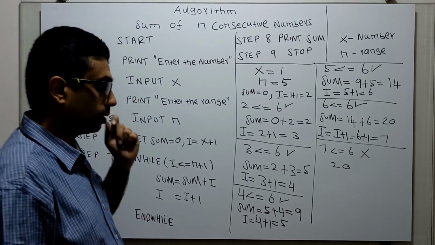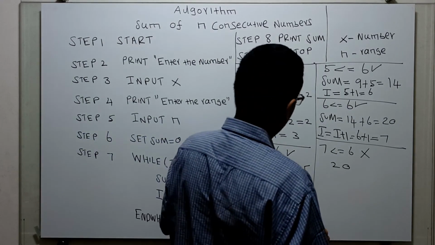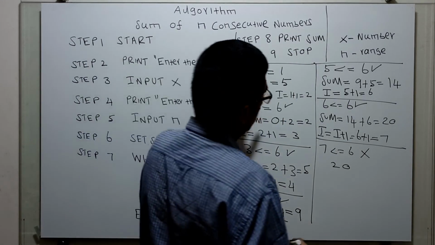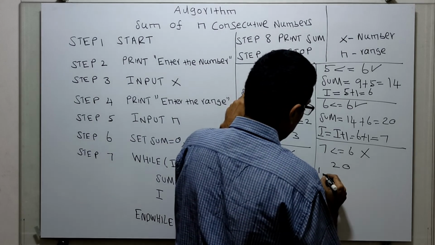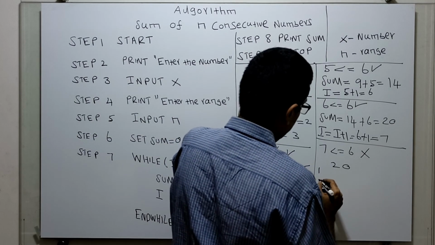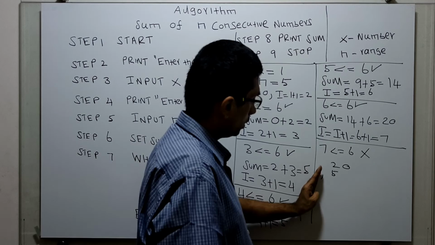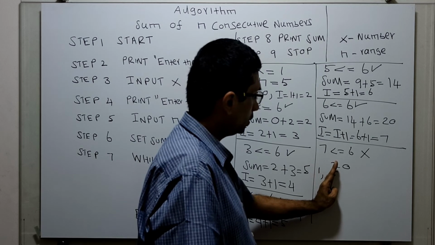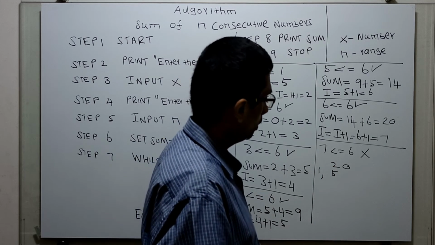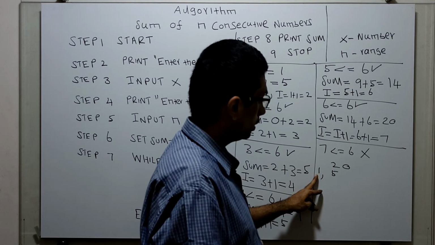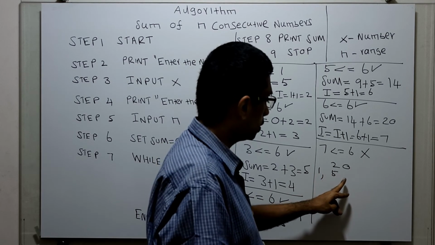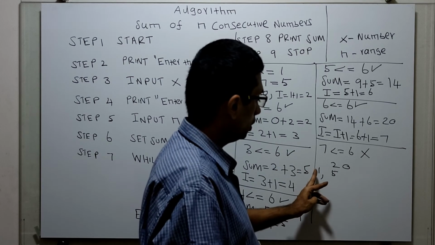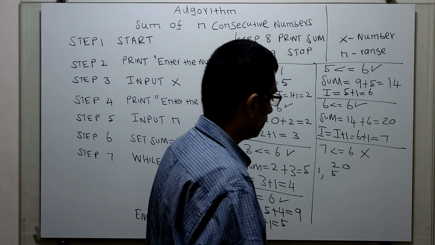Whether it is correct? So what is my input value? My input value x is 1 and the value of n is 5. That means we have to find the sum of the next 5 consecutive numbers of 1. So what are the next 5 consecutive numbers of 1?